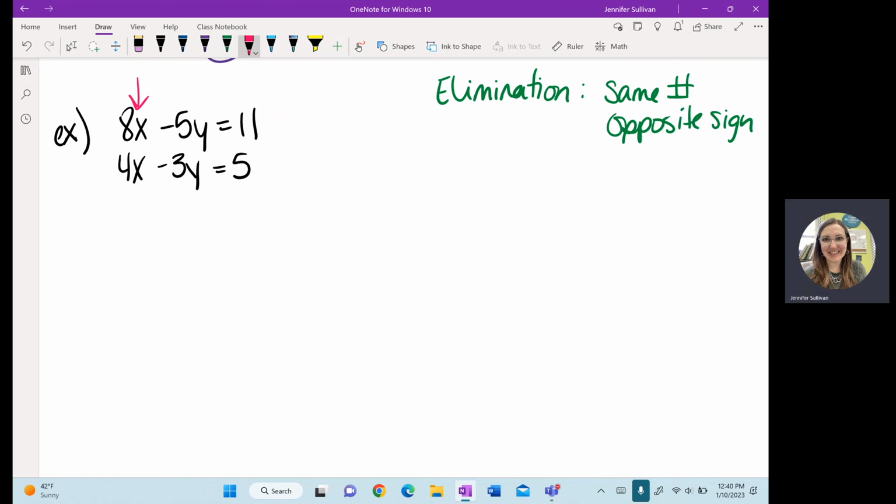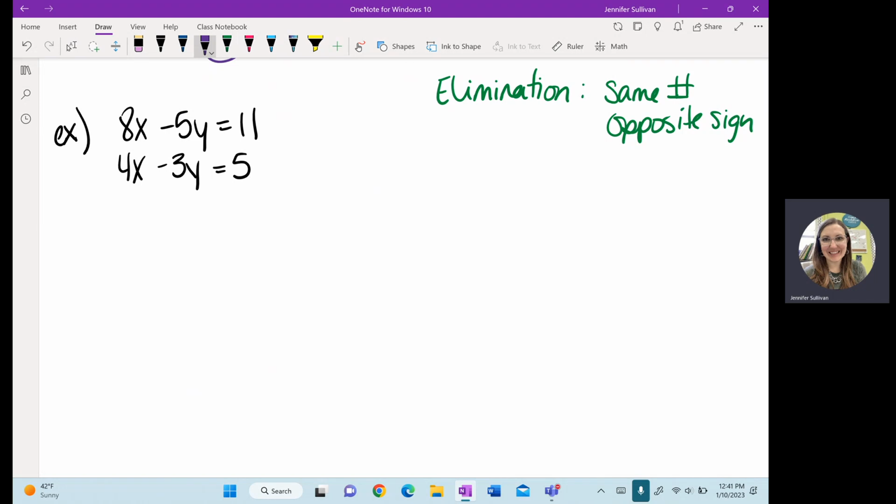Well, let's check with the other one though, just to be sure. Can I take my smaller coefficient for y, so the -3? Can I easily multiply a -3 by something to get to a 5? No, 5 is not a multiple of 3. So that tells me that I do not necessarily want to work with the y's. So we are going to eliminate x.